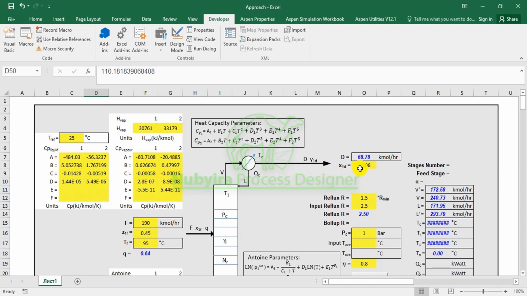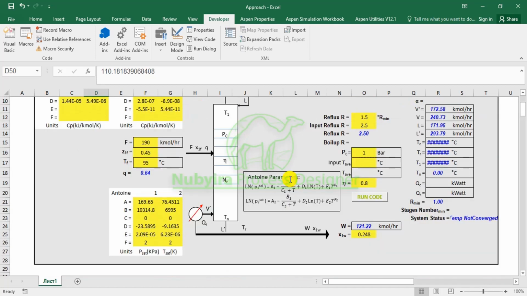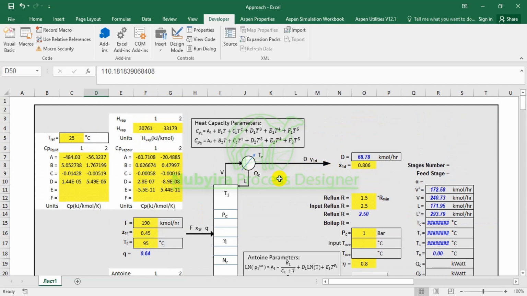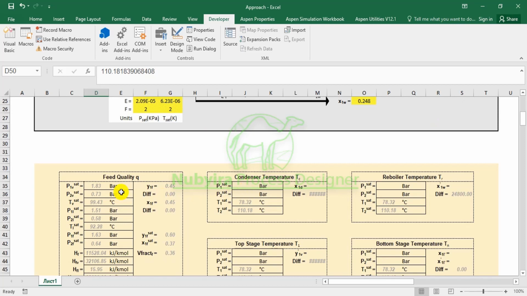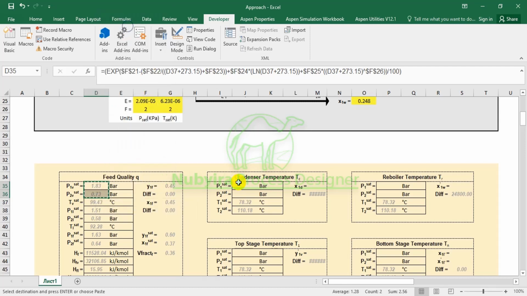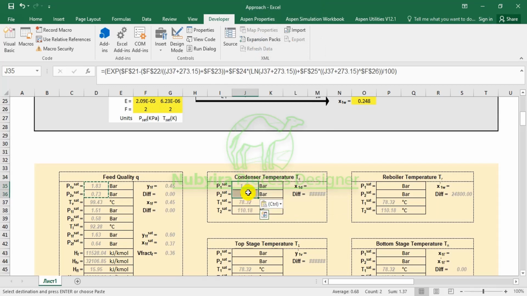And because we have the mole fraction, the composition that is coming from the condenser over here is going to be 0.08806, you understand? So we can get the temperature of the condenser, because it is a saturated liquid that is coming, there is no subcooling in the condenser. So we just copy the formula for these two, then we put it in the condenser.